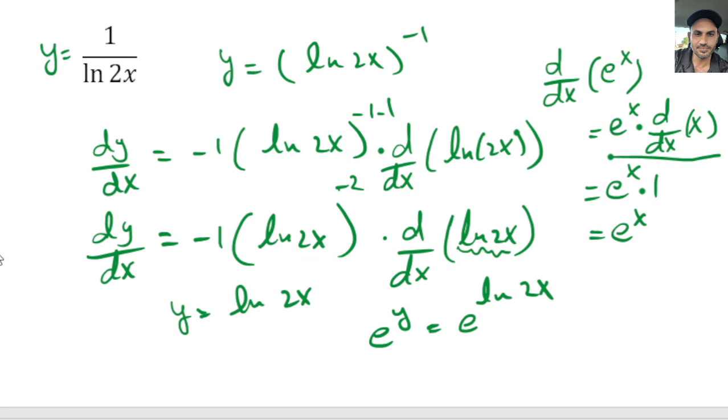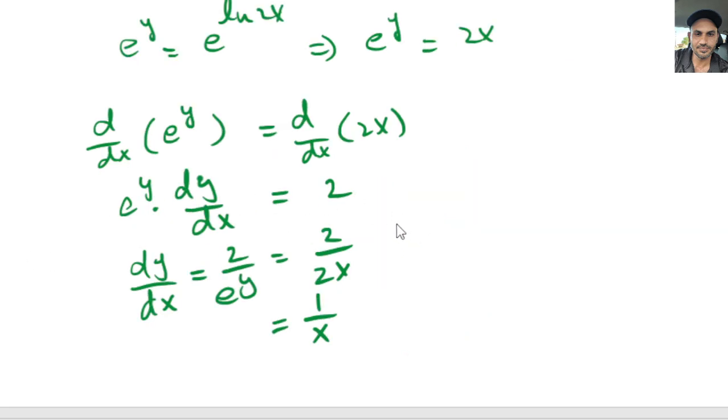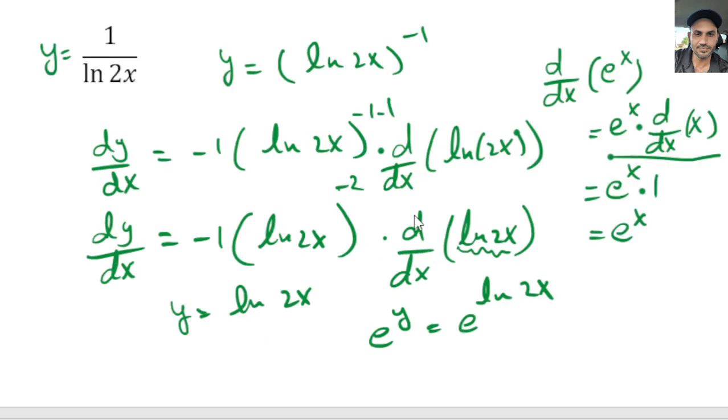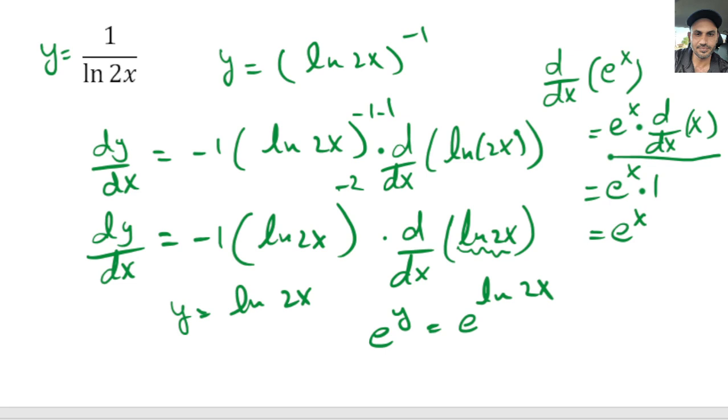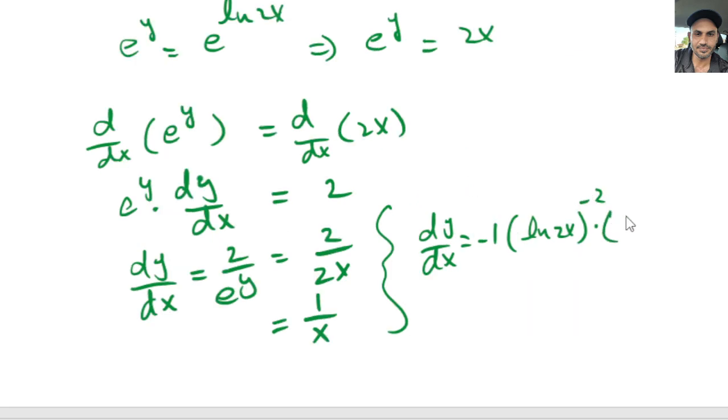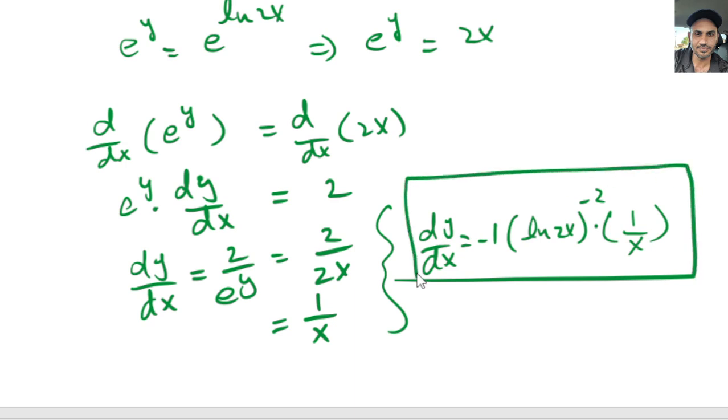So I'm going to go ahead and write this. dy over dx equals negative 1 times ln of 2x to the negative 2, times the derivative that we just got for this portion right here, which is just 1 over x. So this is our final answer.